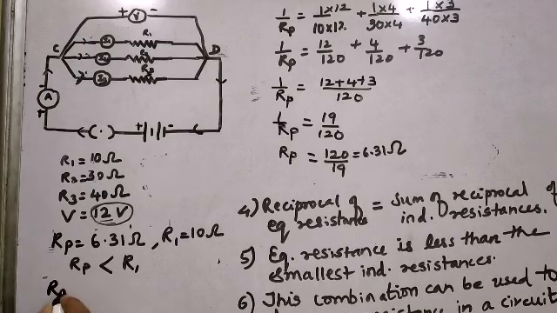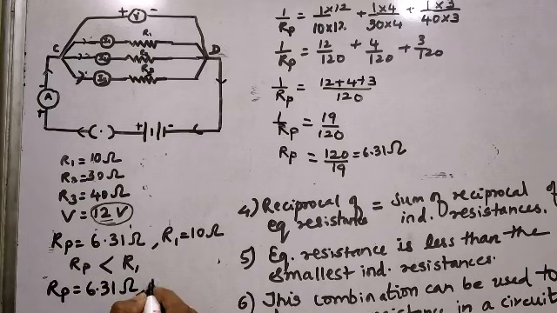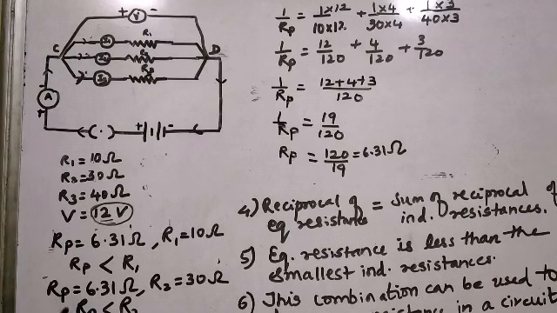Compare it with R2. R2 is 30 ohms. That means the equivalent resistance is less than the individual resistance. Similarly, Rp is 6.31 and R3 is 40, that means Rp is less than R3. So what is the statement here? That the equivalent resistance is less than the smallest individual resistance.